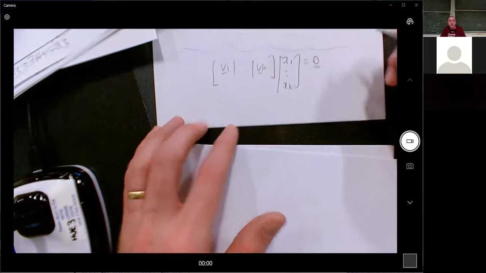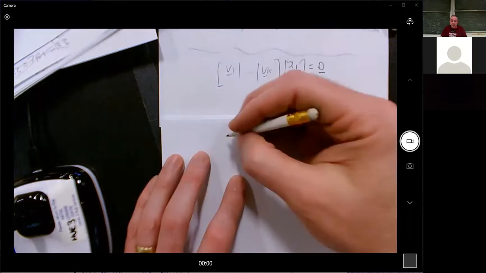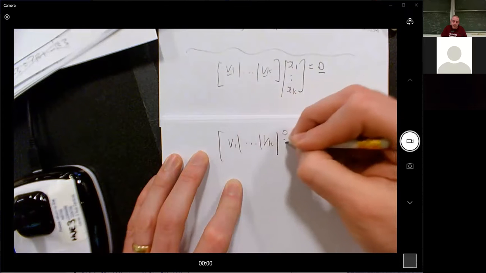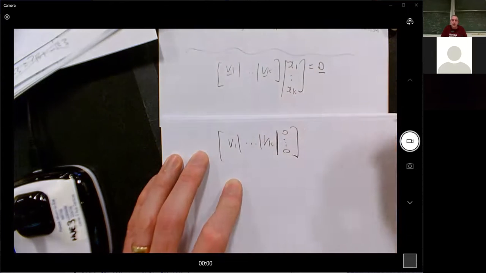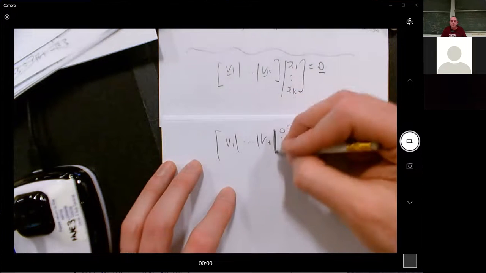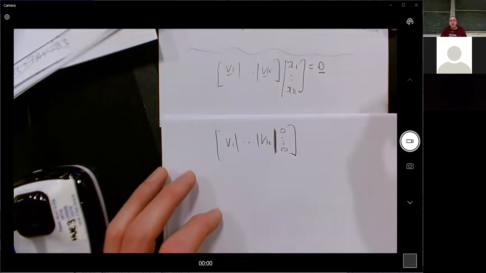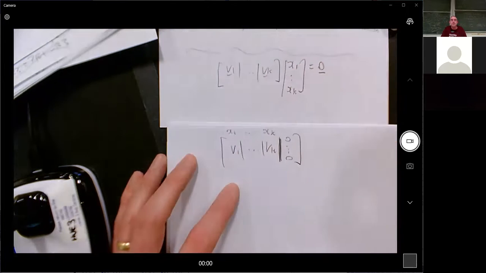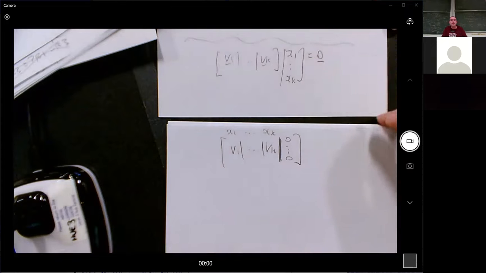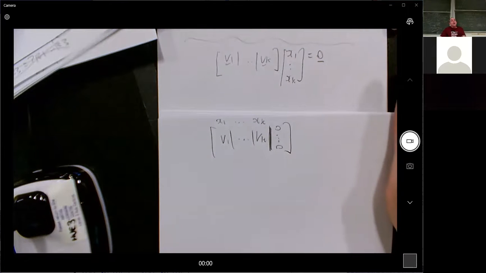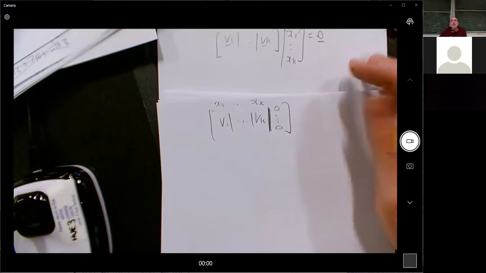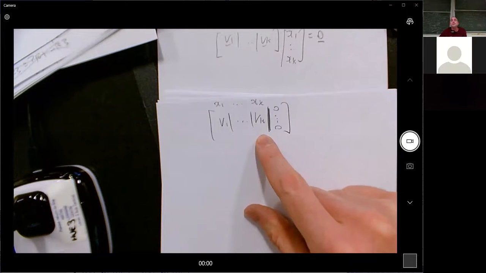And that's the same as making an augmented matrix with v1 up to vk and augmenting 0 on it. And so these become the coefficients of x1 up to xk. And so now, finding out what the solutions for x1 up to xk are is the same as row reducing this matrix.